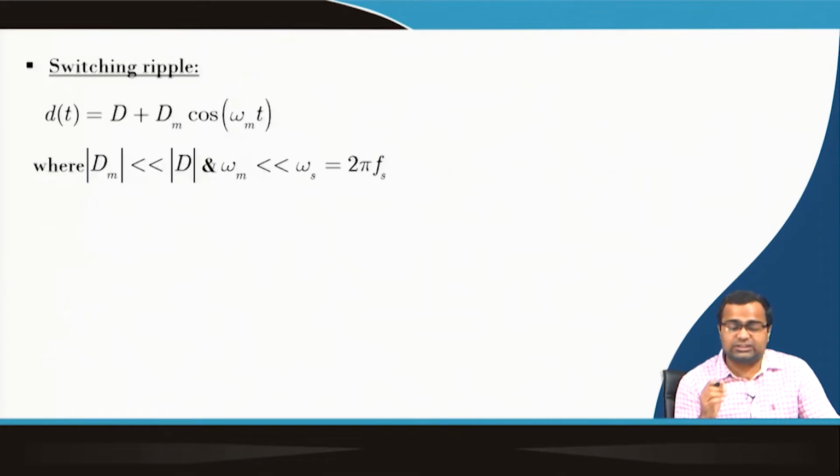Because we are talking about a switching converter, and this part we have already discussed in state space averaging.